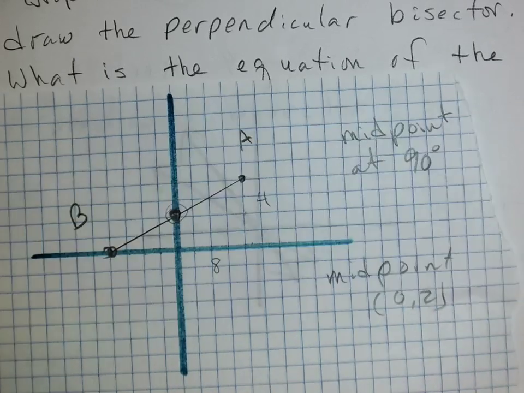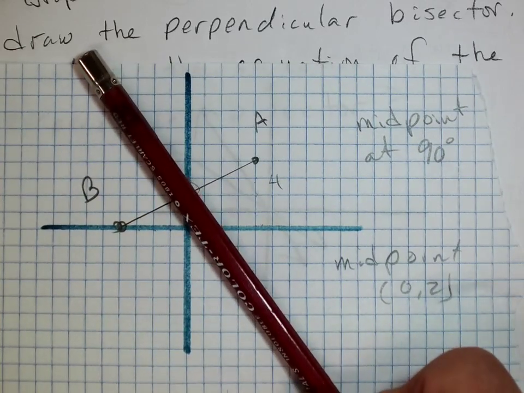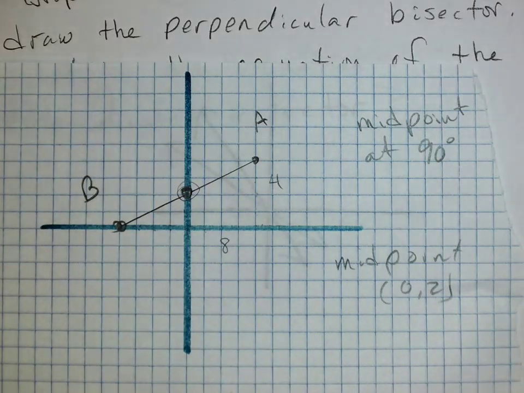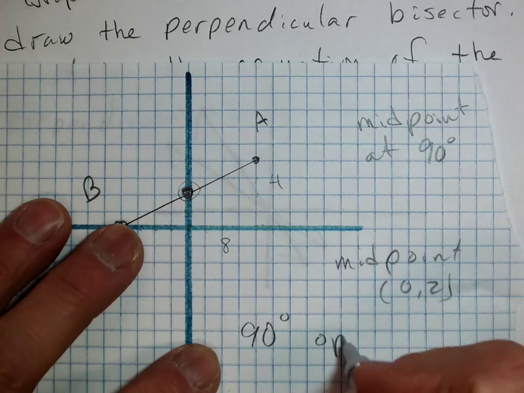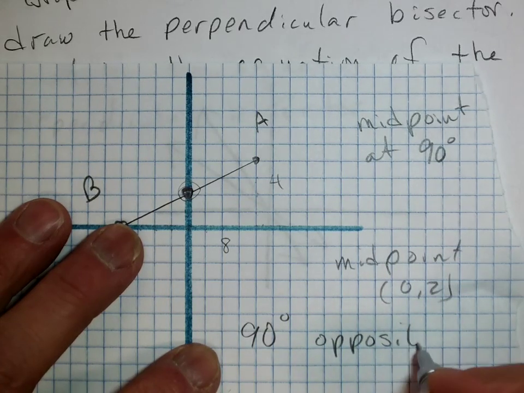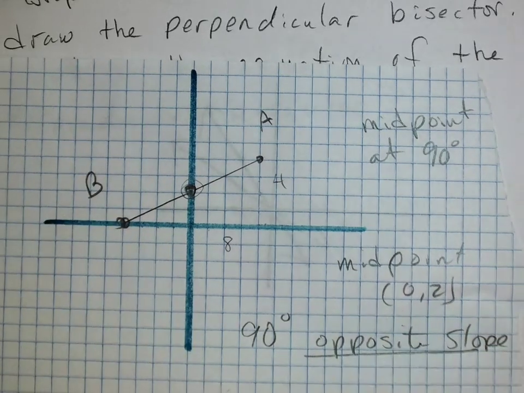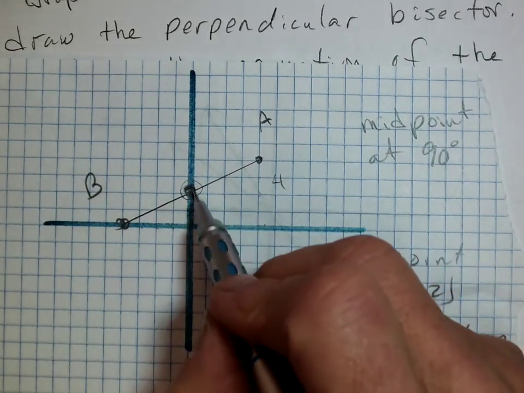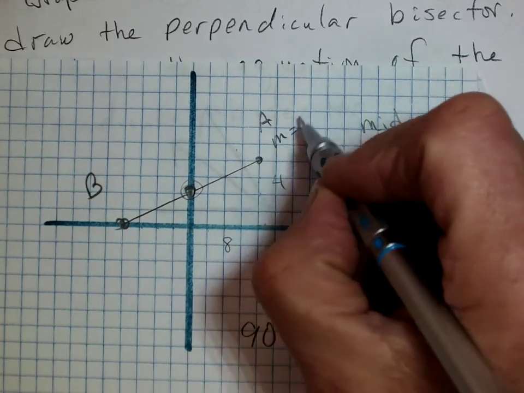Now I know the line's going to look something like this, right? To make it 90 degrees, I need the opposite slope. The slope of AB is up 1 over 2.